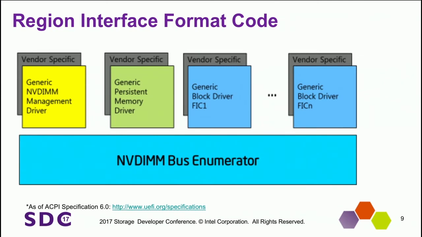This allows for variability across vendors as well as within vendor offerings, and allows for loading drivers for managing the DIMM as well as handling the different address ranges supported by the DIMM. In other words, the interface format code allows us to load generic drivers like a PMEM driver or a block driver, as well as vendor-specific drivers for the same DIMM.